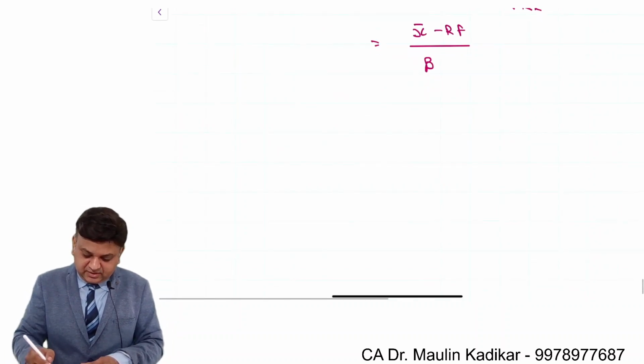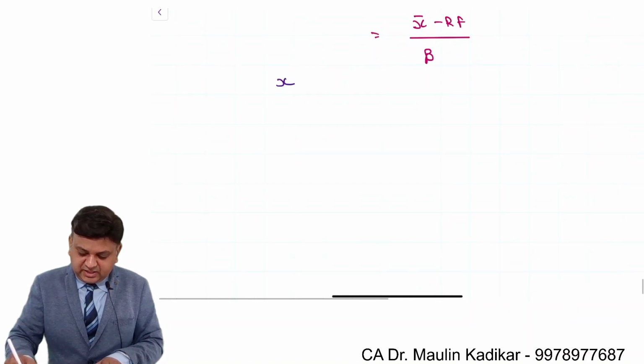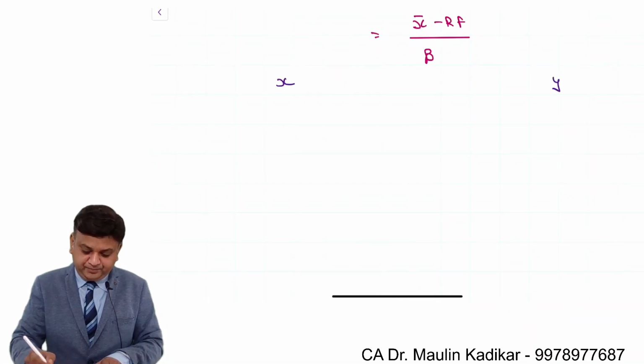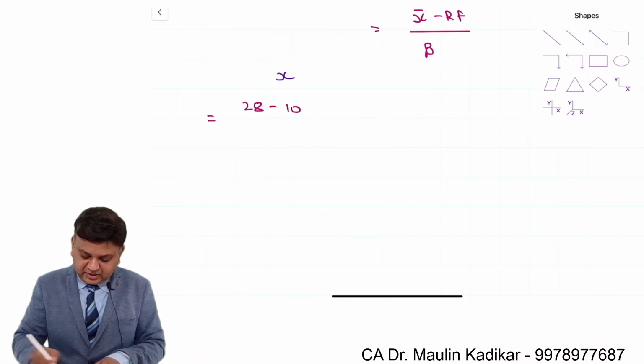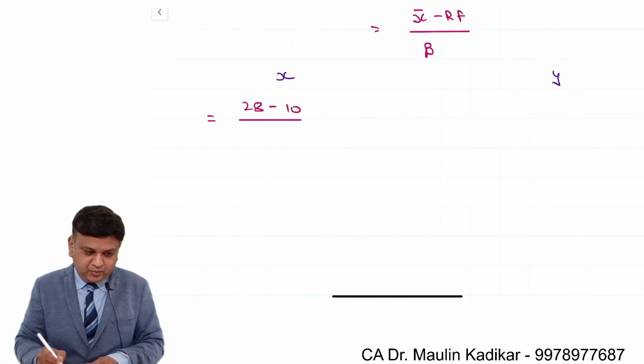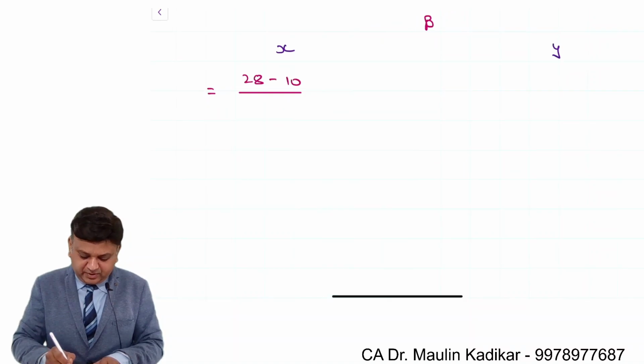In this example, there are two securities once again, security X and security Y. For security X, the return is 28 minus 10 divided by beta. Beta is 1.40.